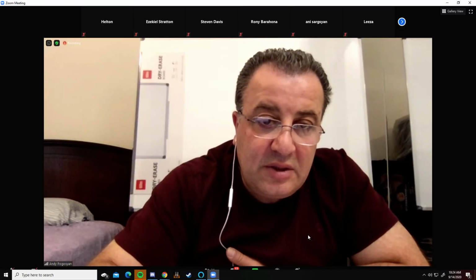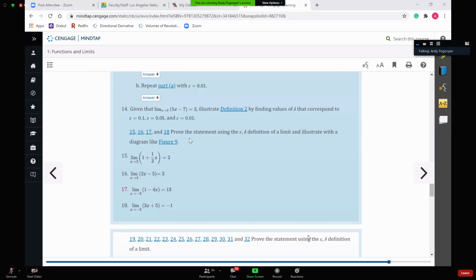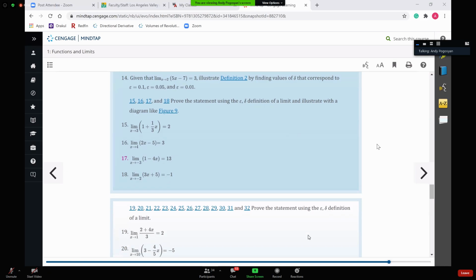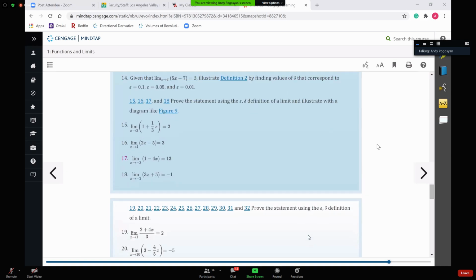So the next set of problems says, prove the statement using the epsilon delta definition of a limit and illustrate with a diagram. Now, the diagram part is not required. Don't worry about that. But like a definition, we're going to use. Okay, let's do number 16.